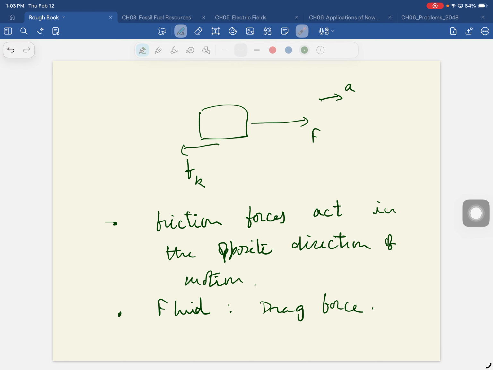It turns out that the friction force is independent of the velocity. It doesn't matter how fast this is moving for our case, and independent of the area of contact. Okay? So it's independent of the velocity and the area of contact. All right.